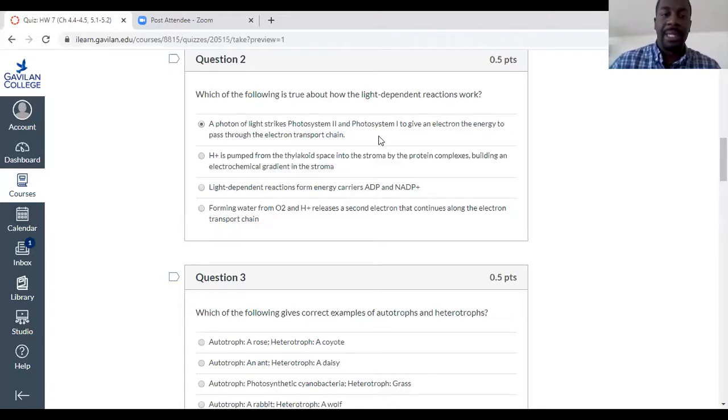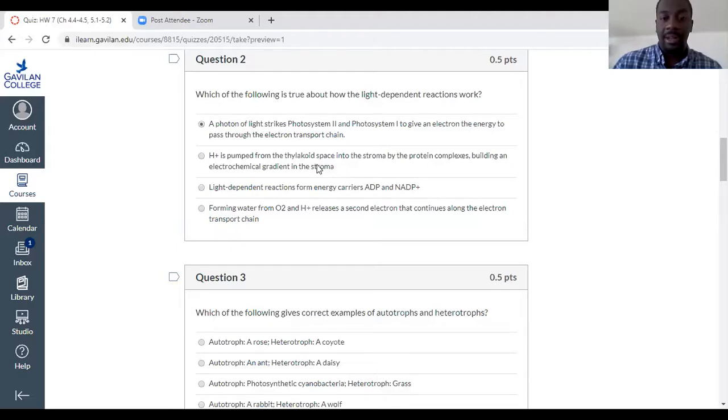What's wrong with B? There's a subtle thing that's wrong with B. Does anyone have an idea? The thing that's wrong with B is this last part, which is the stroma.